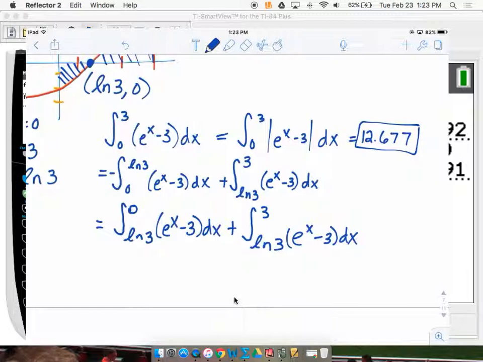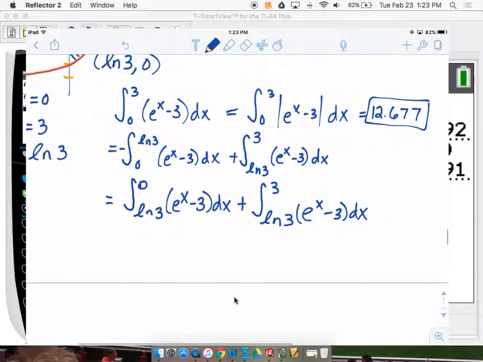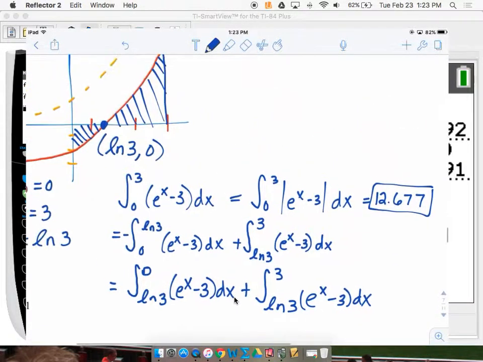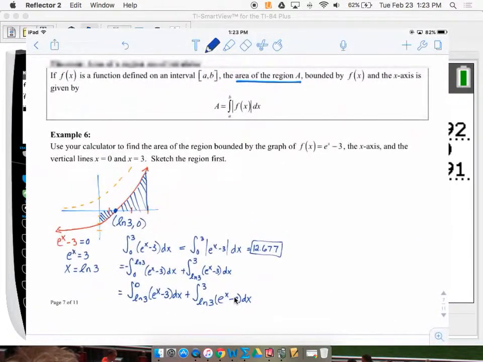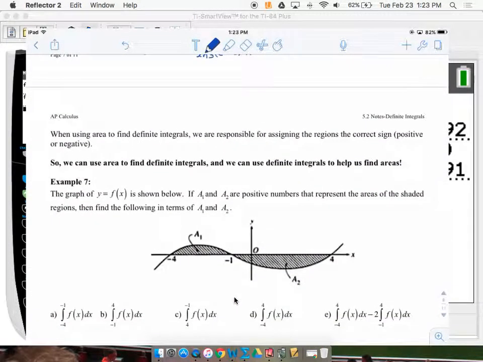We're not always going to have a calculator to come up with that, so that's why it's good to come up with these, because you will be asked to do stuff like that with functions that are a little bit easier to integrate, but you need to pay attention to what region is underneath the x-axis and which region is above it, and that'll help you write your integral expression.